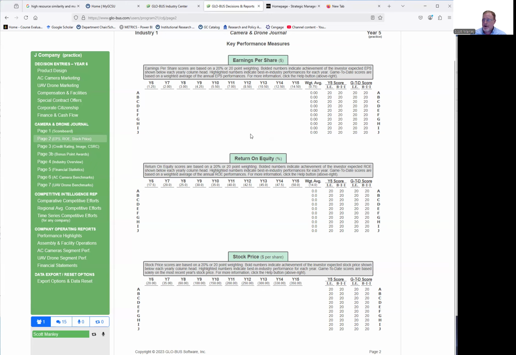Now, earnings per share, really straightforward. It is simply your net profit divided by the total number of shares outstanding. Return on equity is your return on average equity. It's your net profit divided by your beginning equity plus your ending equity divided by 2. So it's return on the average equity. And the stock price is a little bit of a black box.